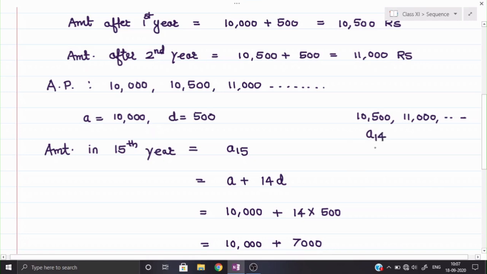And when you are finding the amount after the 20th year, you require the value of A20 only. So anyway, see, in place of the 15th year, we are putting 14. Okay, so a little bit of confusion can be there. So as you like, as you are comfortable, you can accordingly choose the required approach.